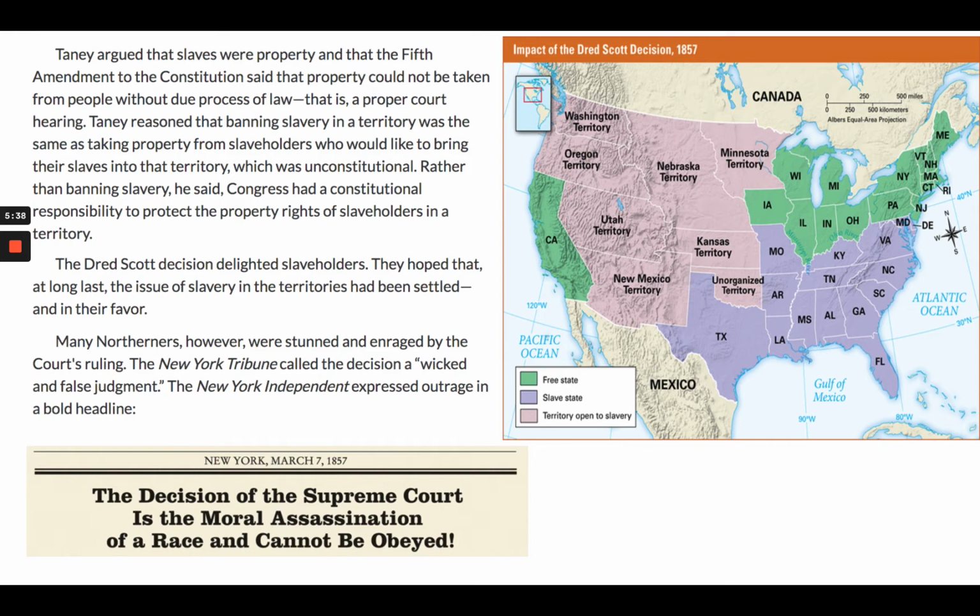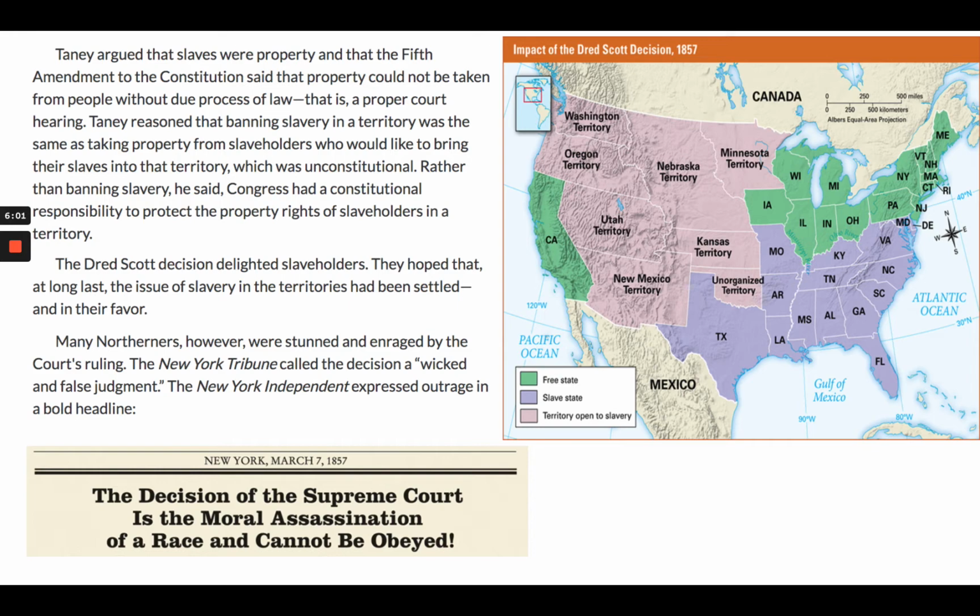Rather than banning slavery, he said, Congress had a constitutional responsibility to protect the property rights of slaveholders in a territory. Huge bombshell. Saying the government cannot end slavery, does not have that power because it's considered property and that property must be protected.